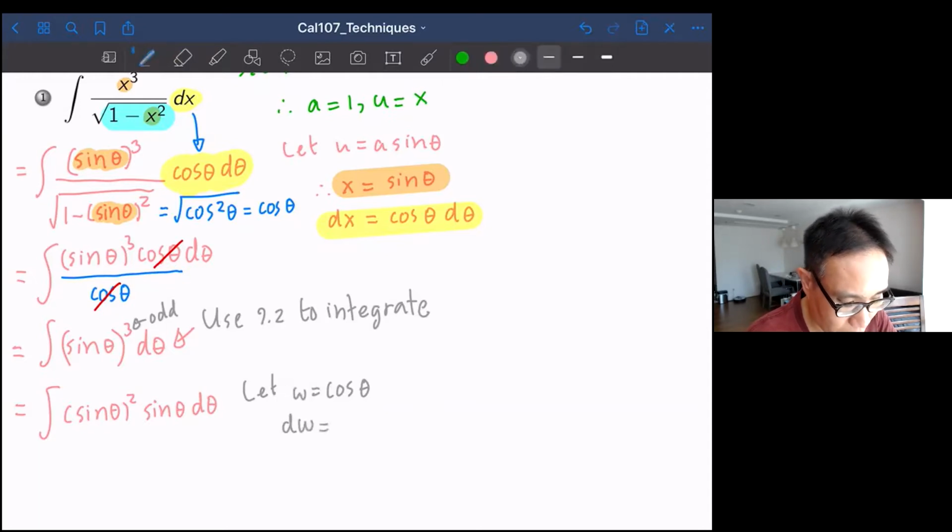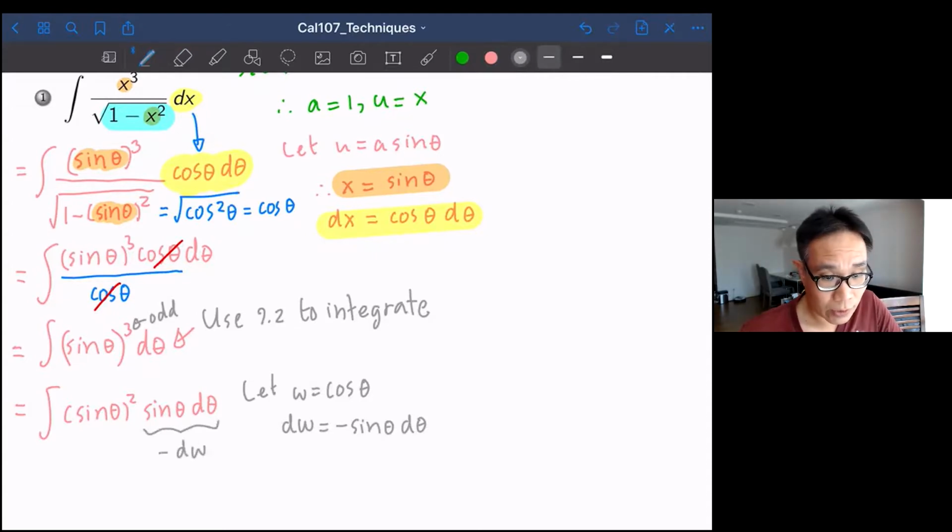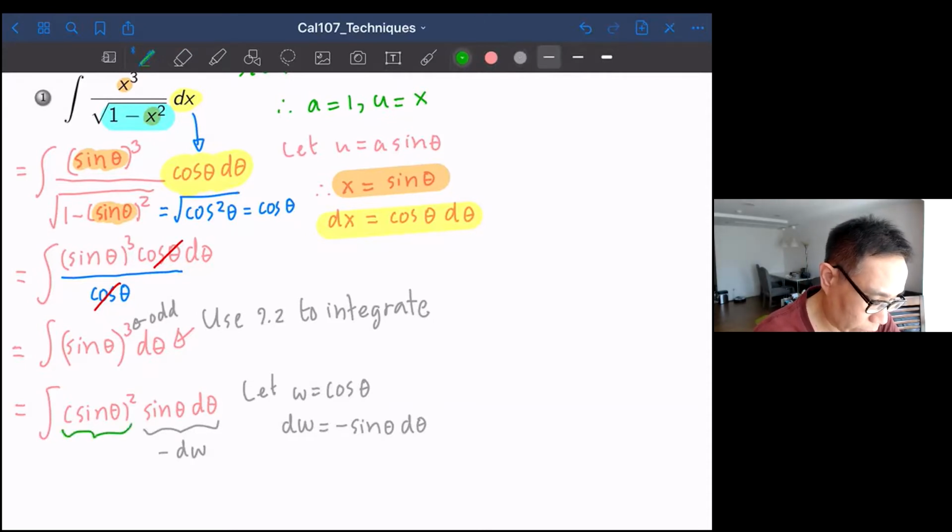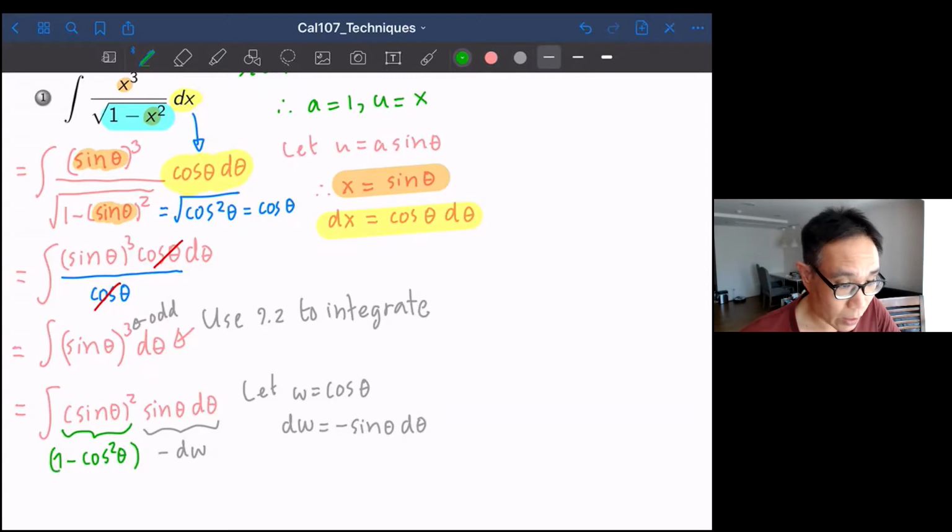So you have dw equal to negative sine theta d theta. So sine theta d theta turns out to be negative dw, and sine square turns out to be 1 minus cos square.